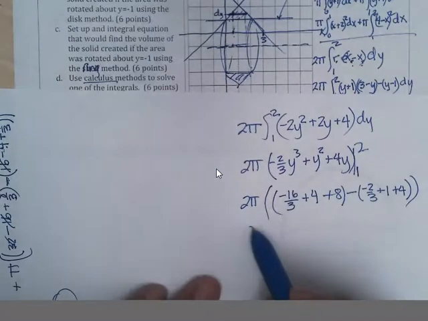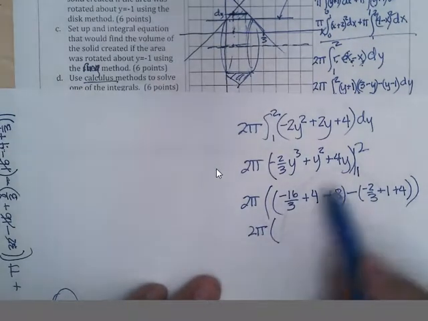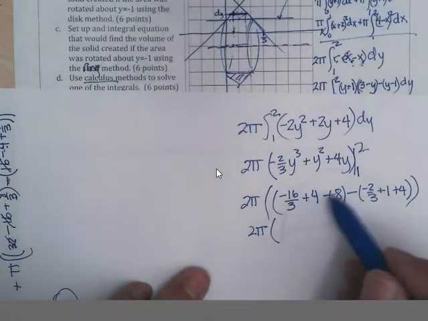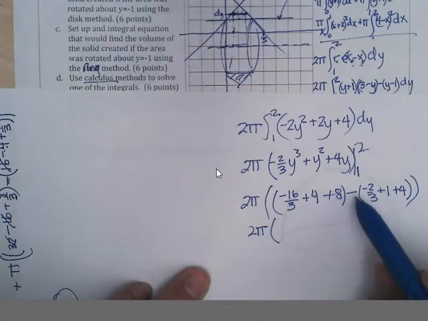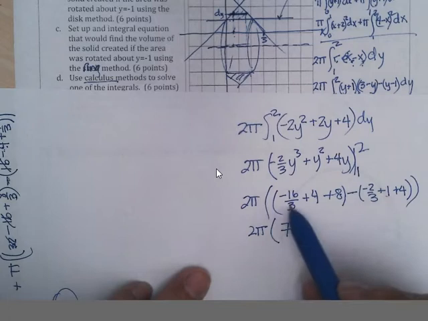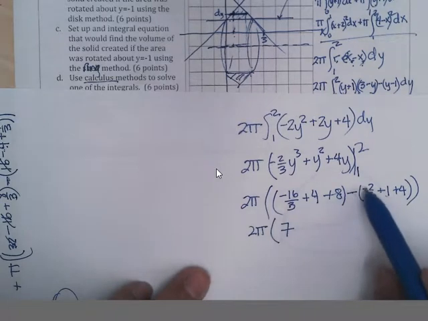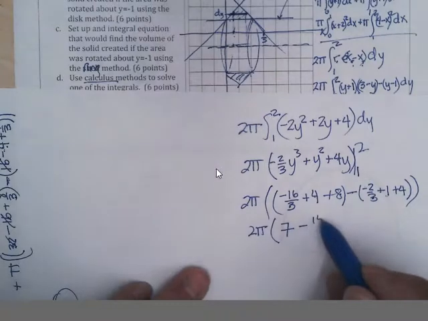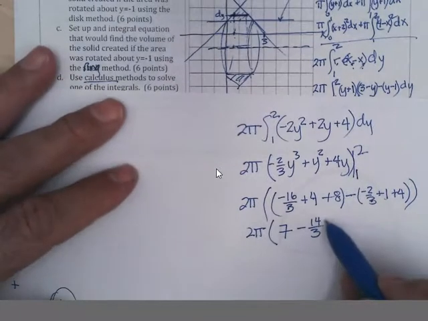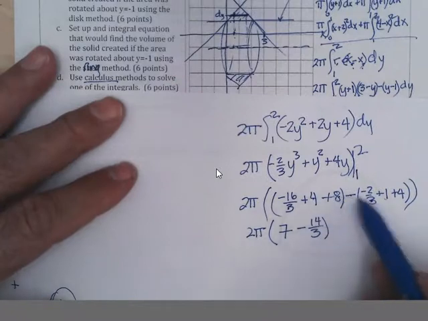So I have 2 pi times, let's do this, that's 12 minus 5, which is 7. Minus 16/3 plus 2/3 is minus 14/3. Did I get everything? 12 minus 5.